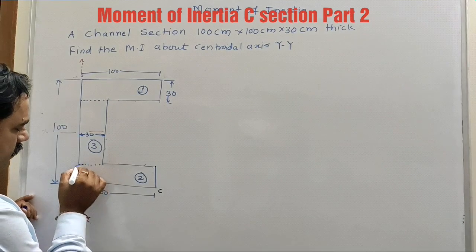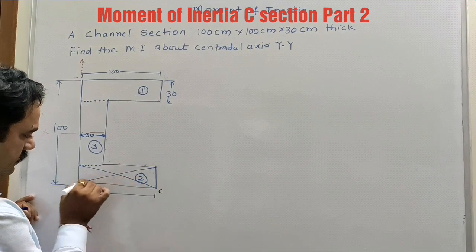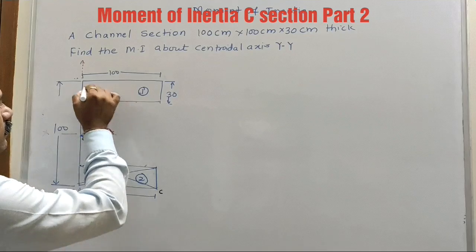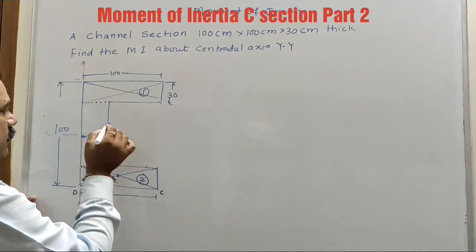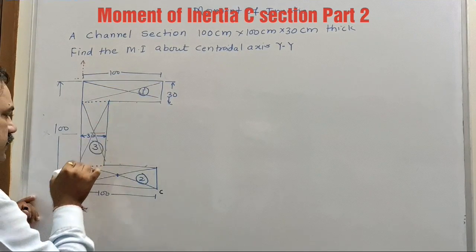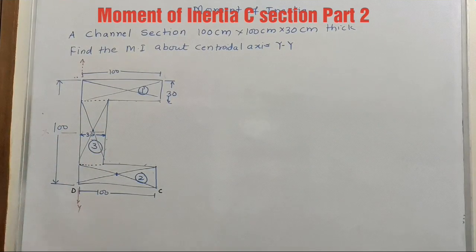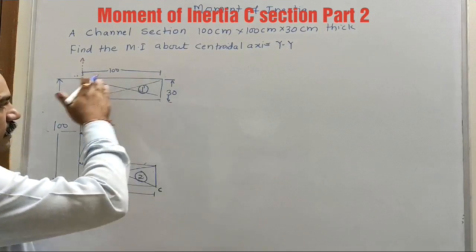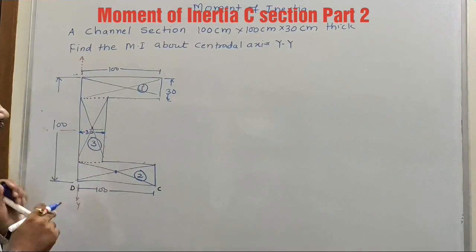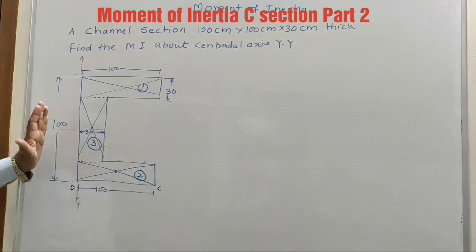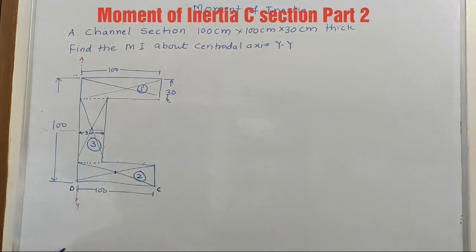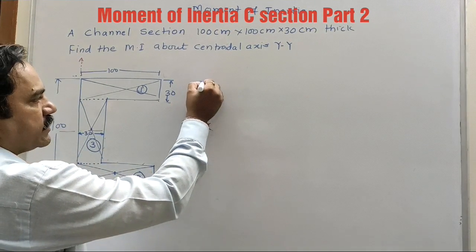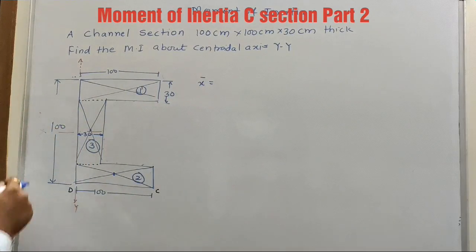Now for each rectangle we will mark the centroid. For that we require the centroidal axis distance from the y-axis, and that is x bar, the total x bar.